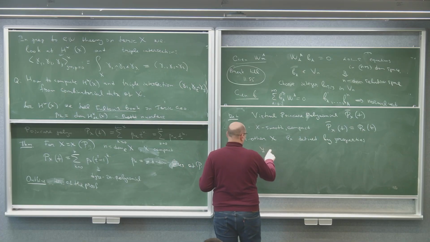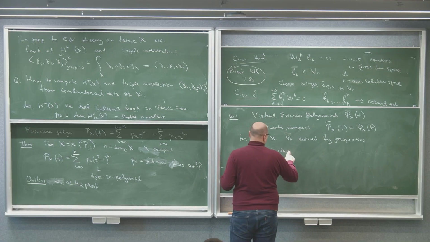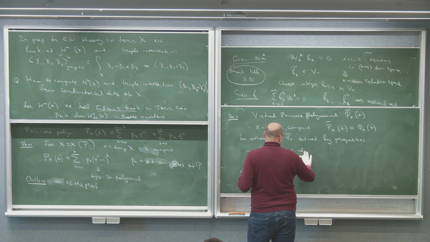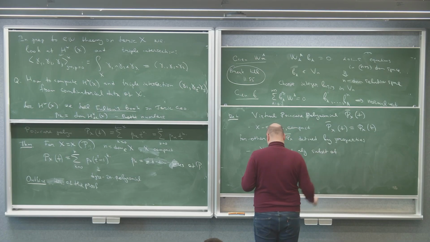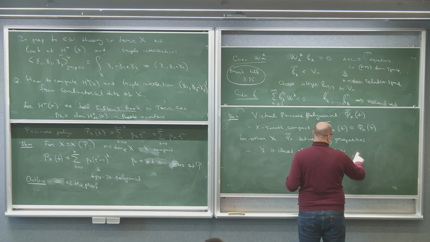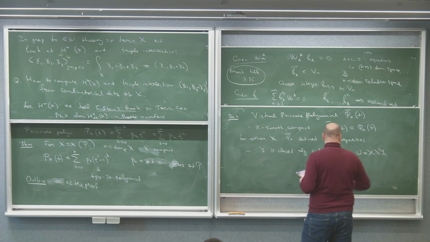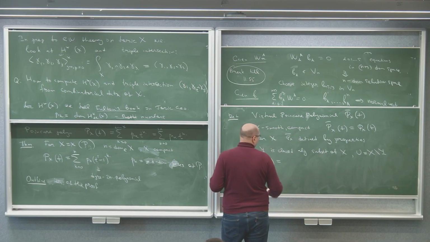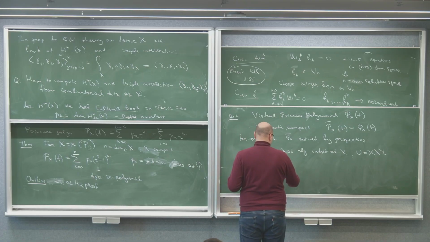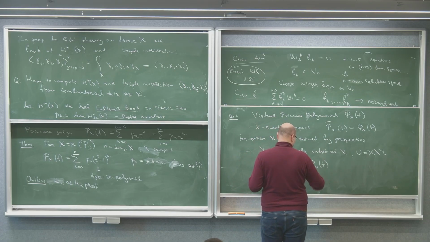If Y is a closed algebraic subset of X, and U is just X minus Y, then P_X(t) is the sum of P_Y(t) plus P_U(t).